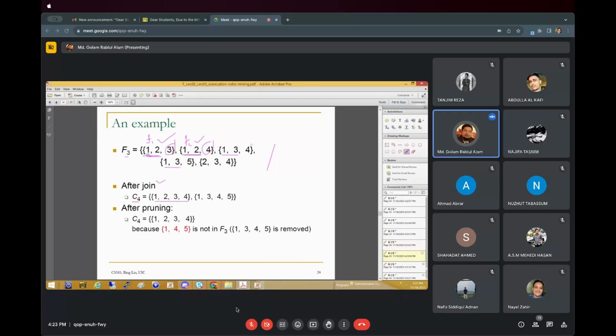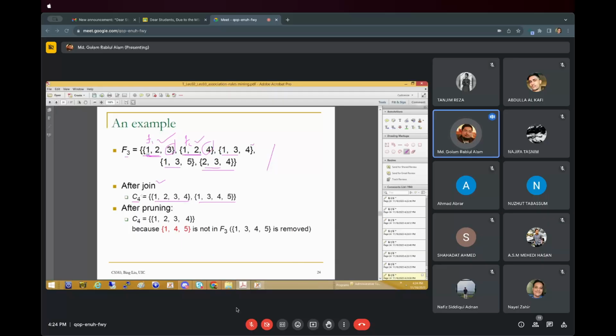Here is the 4 and here is 5, so we can join: 1, 3, 4, 5. Now here's the 2, 3. You can see none of the sets start with 2, 3, so it cannot participate in joining operations.